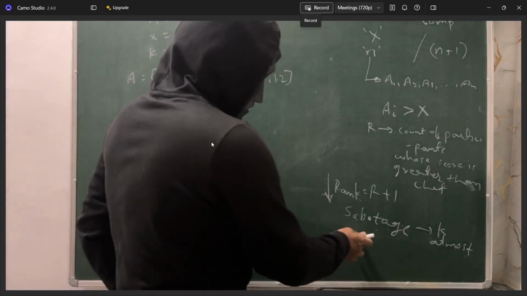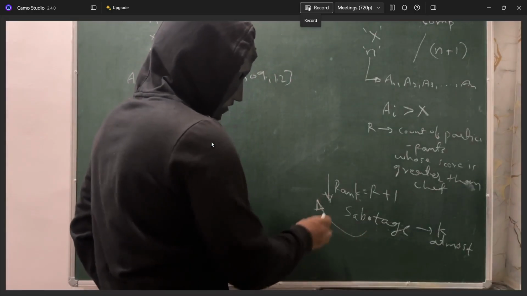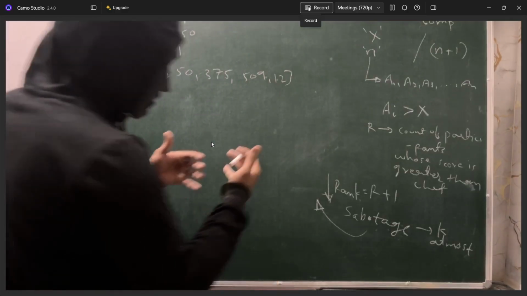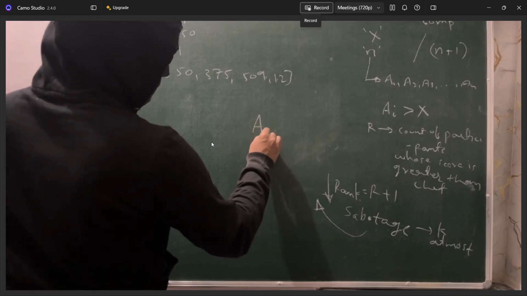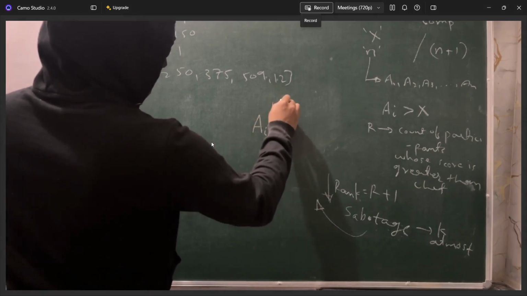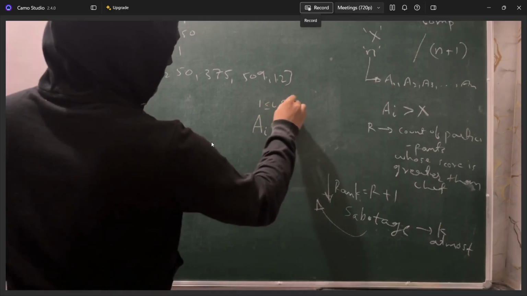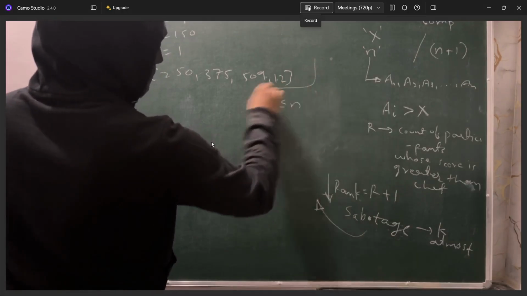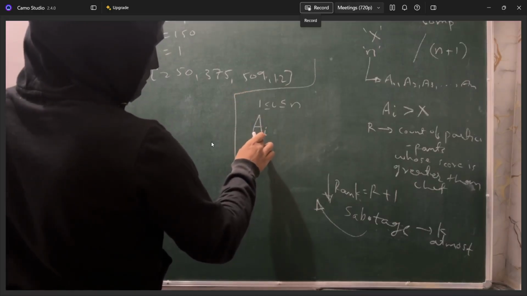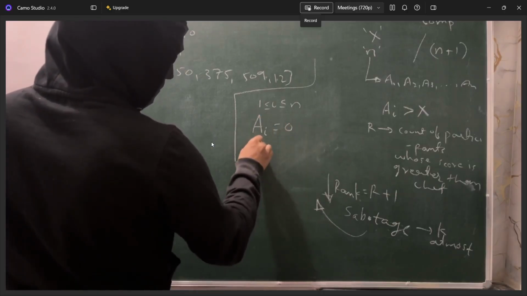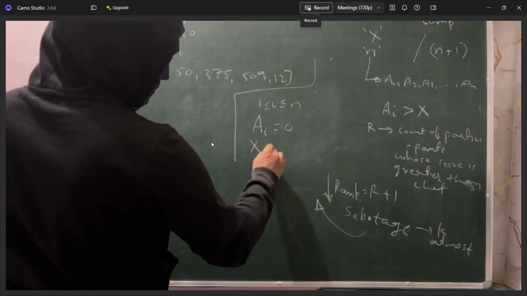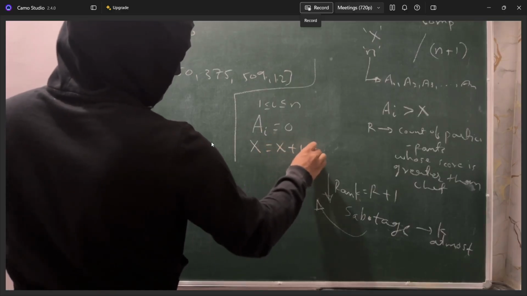In a sabotage operation, chef will choose an opponent, let's say opponent A_i, where i is from 1 to n. He will make this opponent's score 0, and the score of chef, which was previously x, is going to be increased by 100.